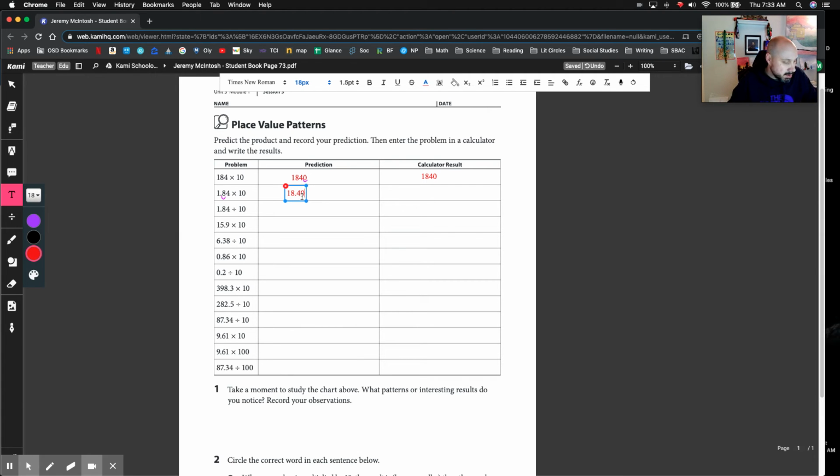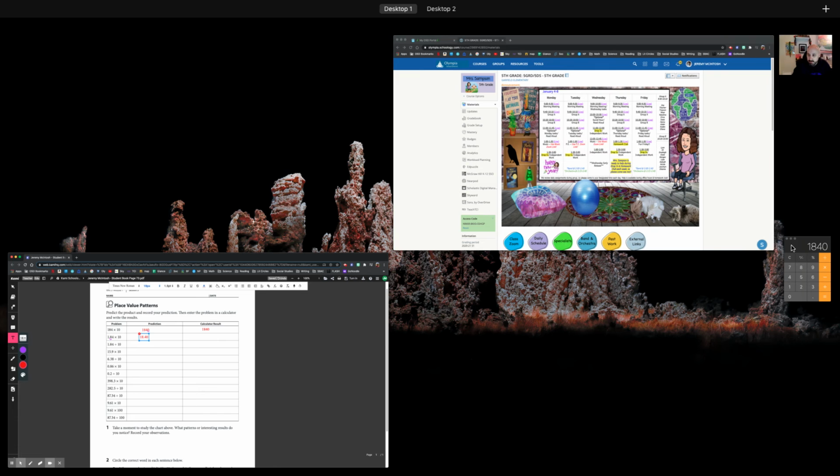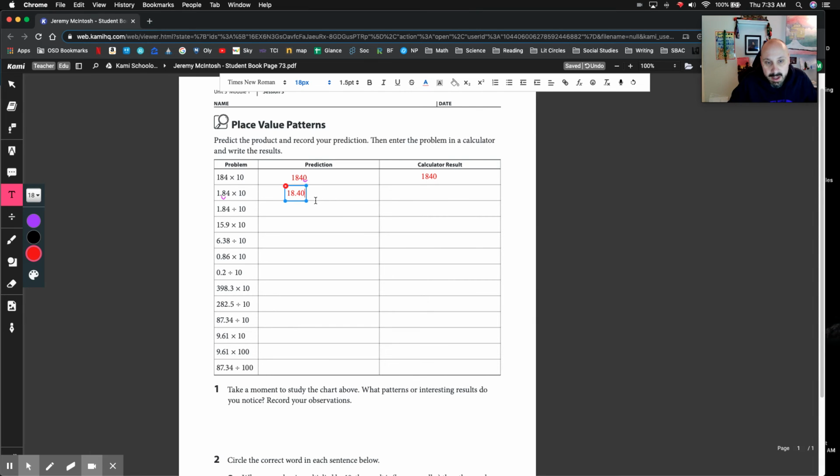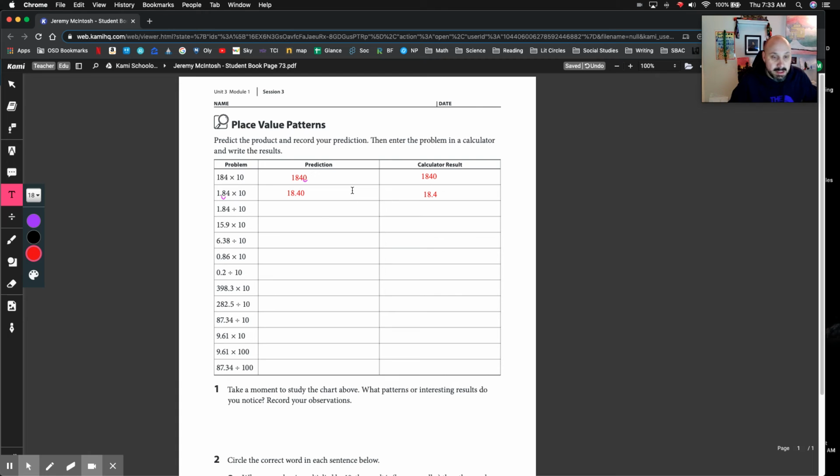Okay, so let me come back to my calculator here. I'm going to put in 1 and 84 hundredths times 10, and I got 18 and 4 tenths. Now, believe it or not, 18 and 4 tenths is the same as 18 and 40 hundredths. The 0 on the end does not matter after the decimal. On a whole number, the 0 on the end does matter. So I could either write 18 and 4 tenths or I could write 18 and 40 hundredths. It's the same number, right?